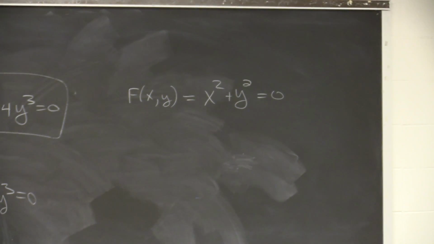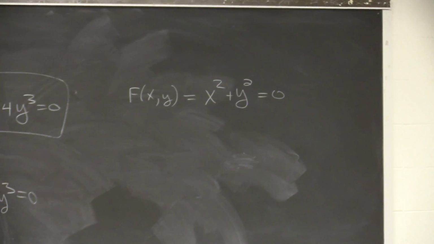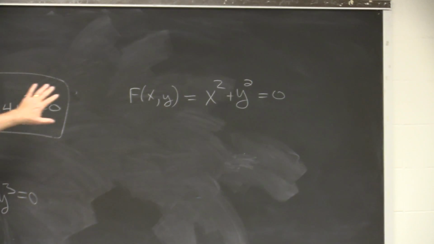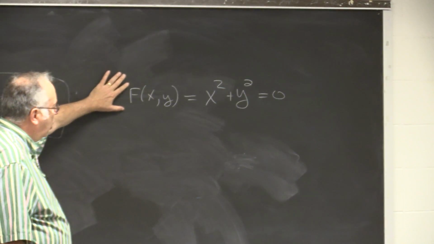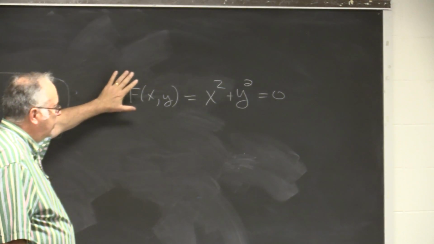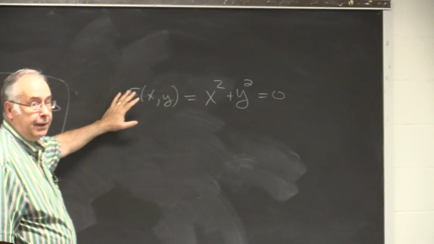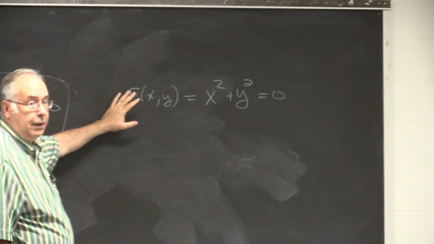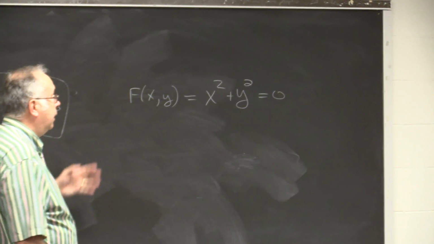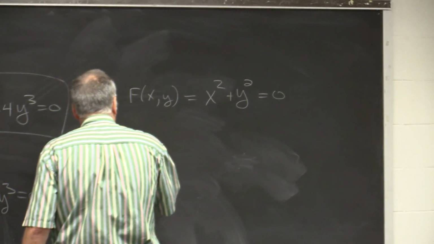If you solve for y as a function of x, it means for different values of x, this function will tell you the value of y. But in this case right here, what is the problem? There's only one value of x and y that'll satisfy this equation. What is it? 0, 0. Zeros. So this is the only solution.